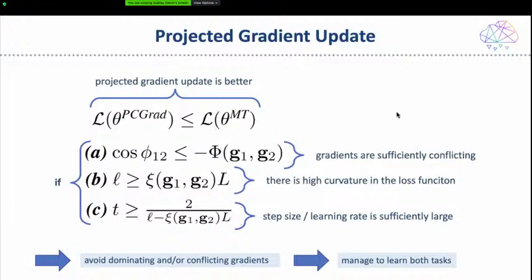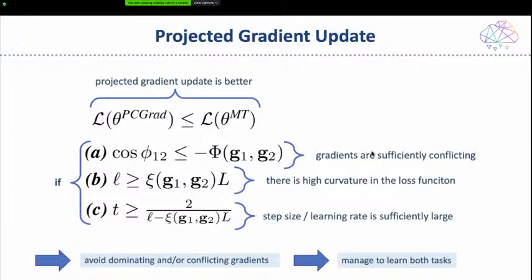The first condition is that the gradients are sufficiently conflicting, which is obvious, because if they weren't conflicting, you would probably afterwards have them be more conflicting. So you want them to be pointing towards different directions.